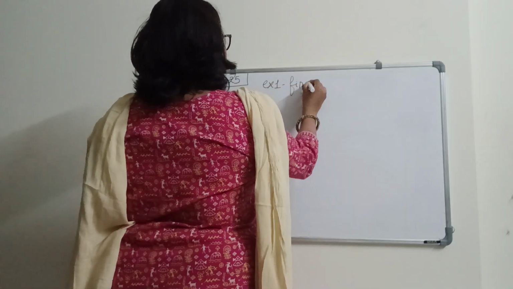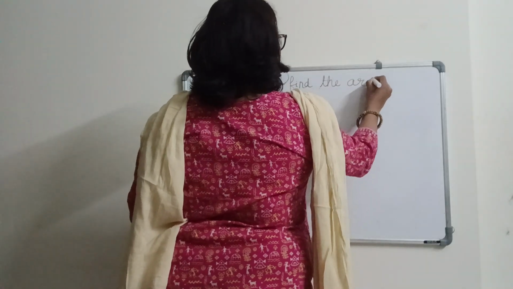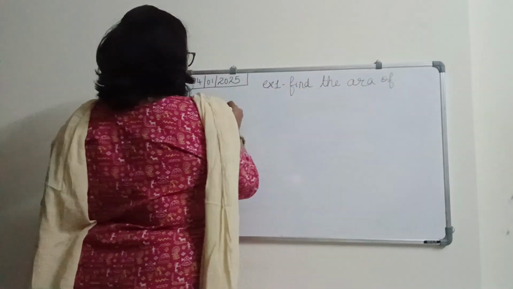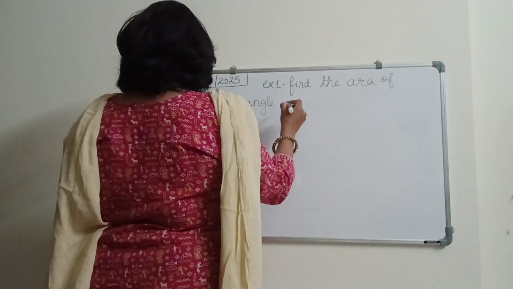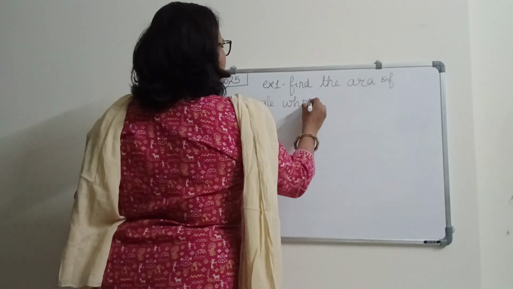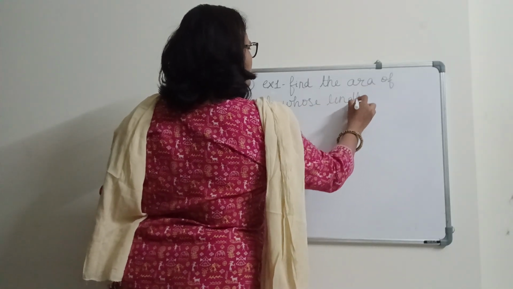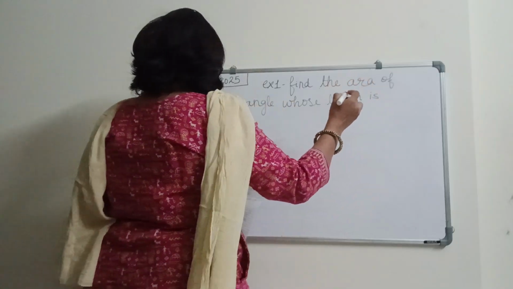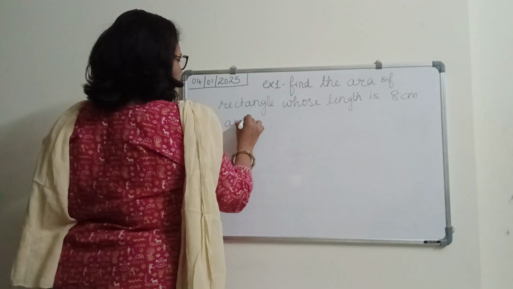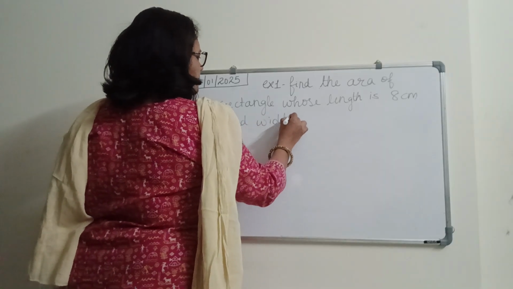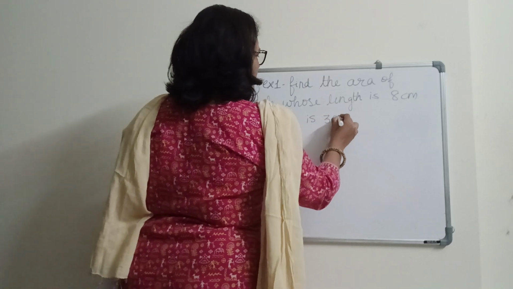Find the area of a rectangle whose length is 8 centimeter and width is 3 centimeter.